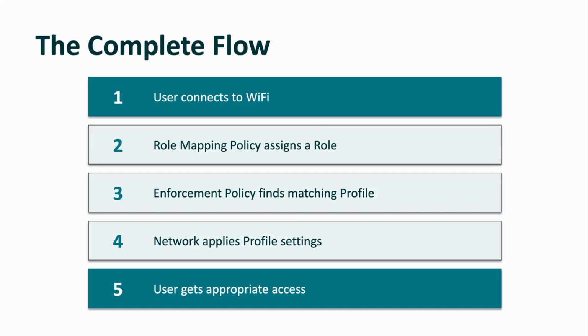Then it comes to the enforcement policy, which tries to find the matching role, and then finds the enforcement profile assigned to that role. Once the enforcement profile is applied, the user gets appropriate network access. In the guest case, they are getting internet only, with a speed limit of 50. All of this happens within seconds, automatically.